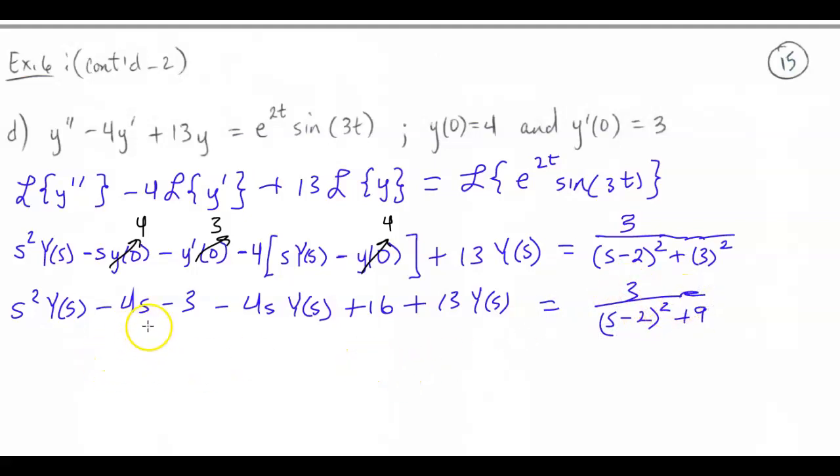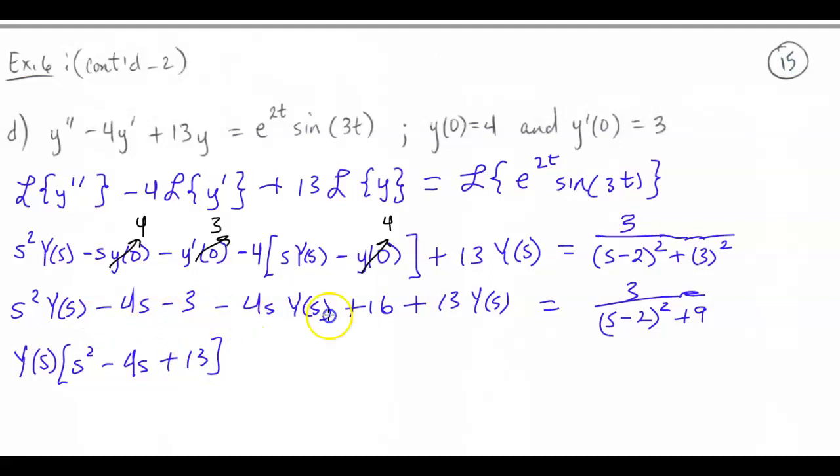Okay. And then, of course, once we're here, we'll combine any like terms that we can. And I'm also going to go ahead and group all terms with Y of S together here. So big Y of S is going to be S squared minus 4S plus 13.